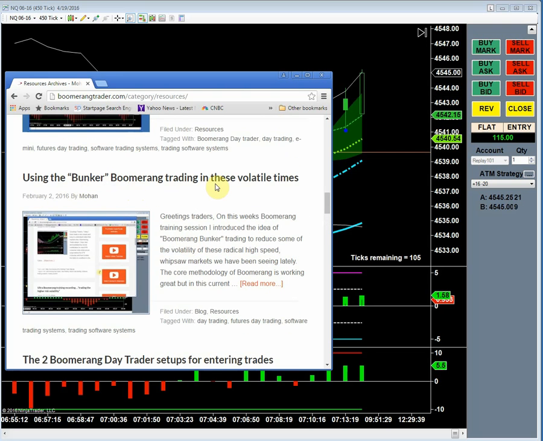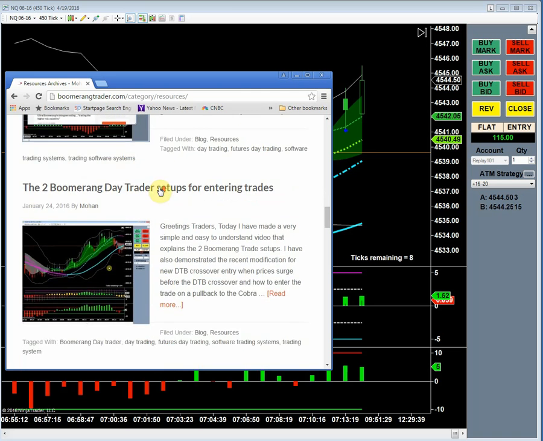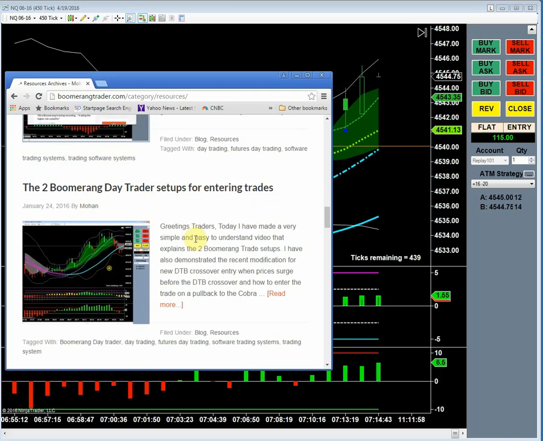I introduced this idea in January when things were so insanely volatile. People were scared because it was moving so fast. You remember that? Up 300, down 200, up 200, down 400, 350. The market was insane. So I said use the boomerang method and that bunker method. And all that is you just wait for trades that have matching dynamic trend bands, which is described here.